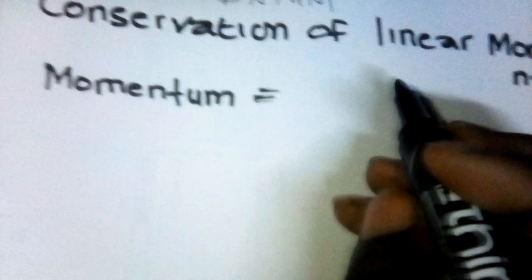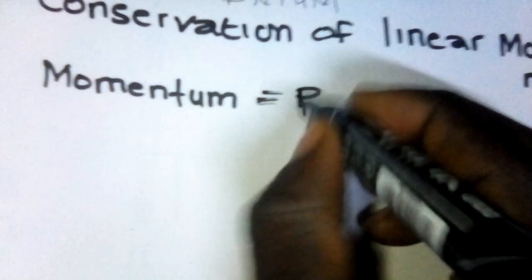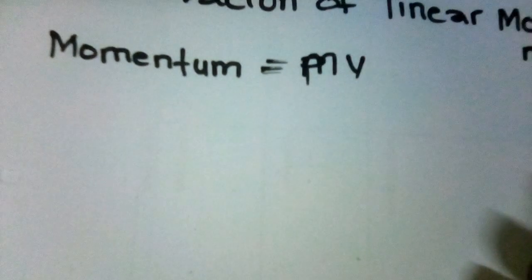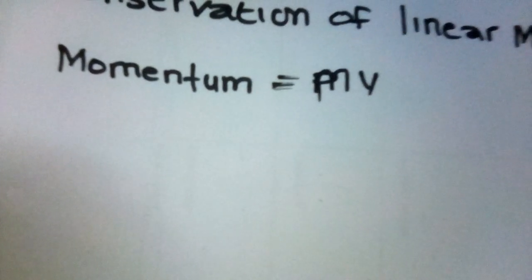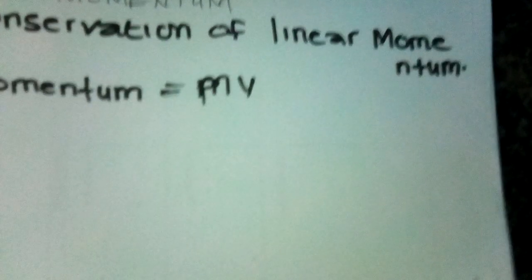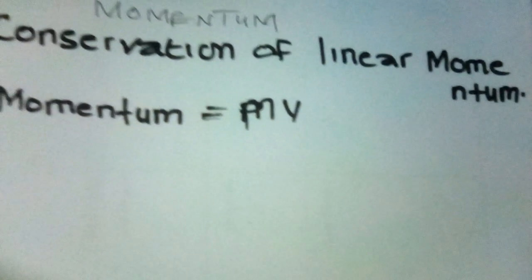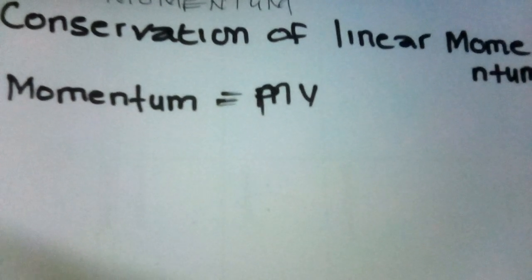Momentum is defined as the product of mass and velocity. That's all, nothing else. So momentum is the product of mass and what? Velocity.